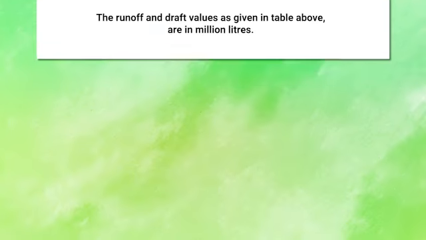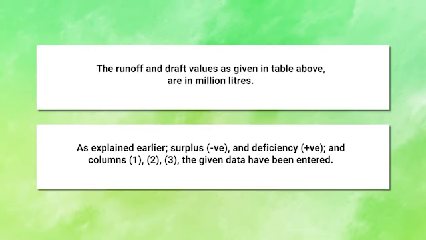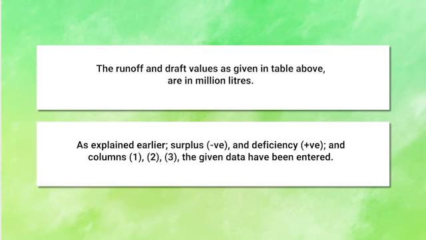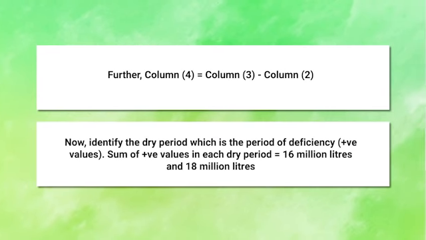So now the calculation. The runoff and draft values given in the table above are in million liters. As explained earlier, surplus is negative and deficiency is positive. In columns 1, 2, 3 the given data have all been entered. Further, column 4 is equal to column 3 minus column 2.